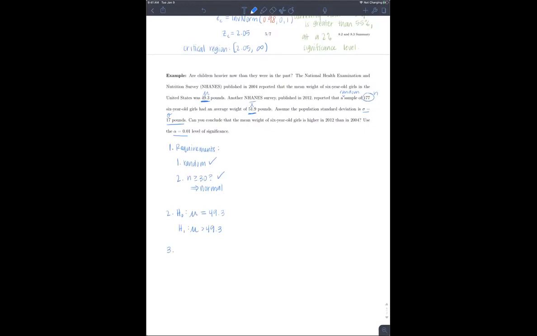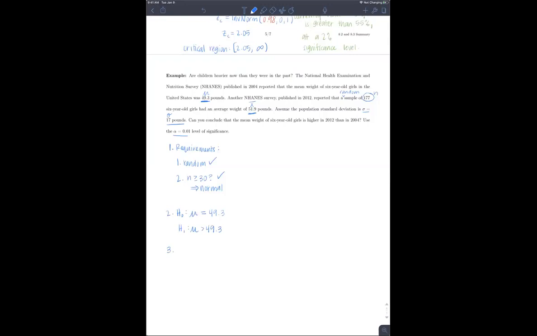And then the third thing that we're going to do, which method can I use? The p-value method, the critical region method, or both? You're both technically right, but you can use the other method that you didn't type as well. Because I'm given sigma, I can do either method.